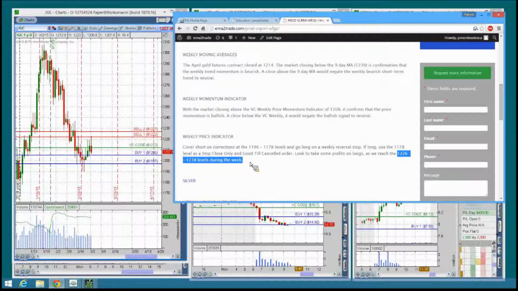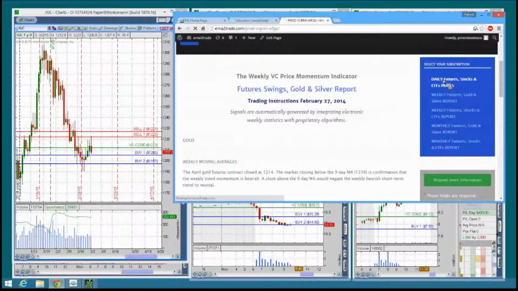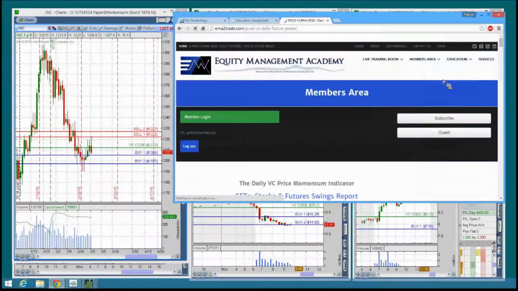The algorithms that you see on the left are the daily algorithms that you also have access to by Sunday night or Saturday, sometimes afternoon.